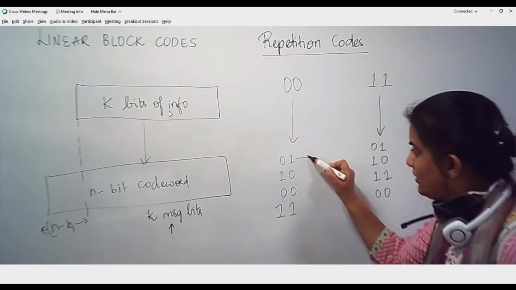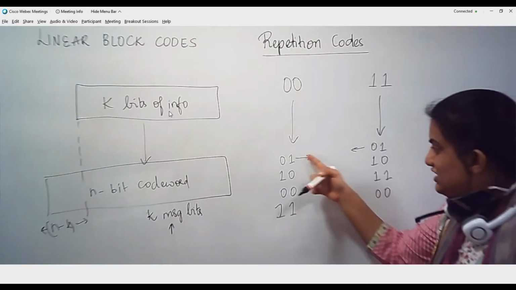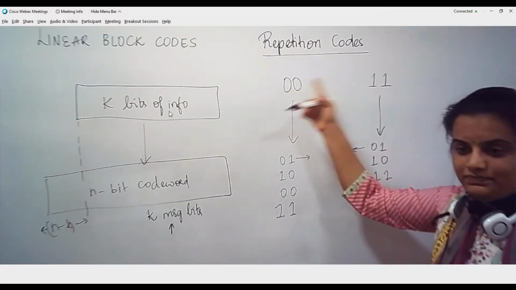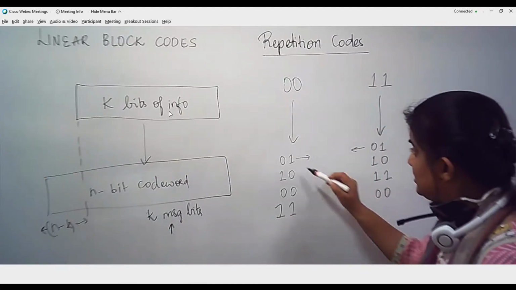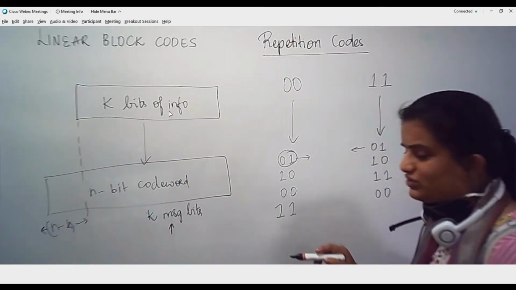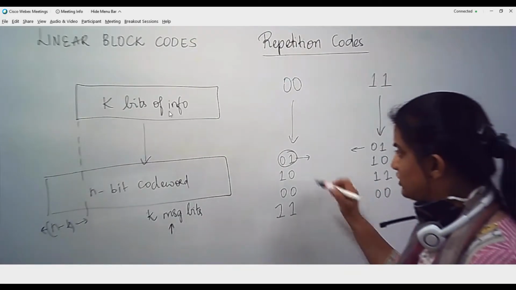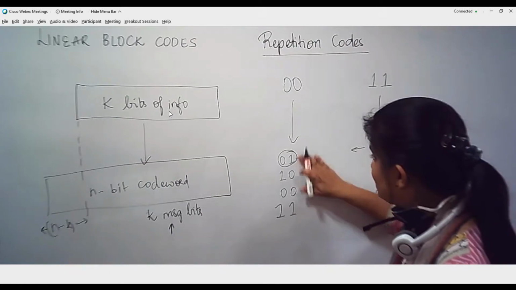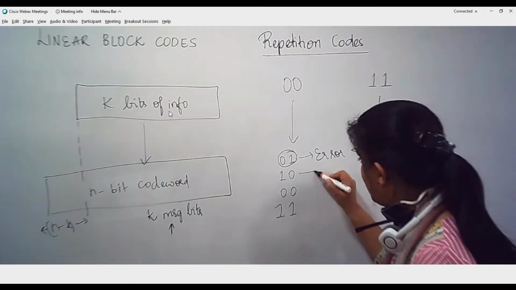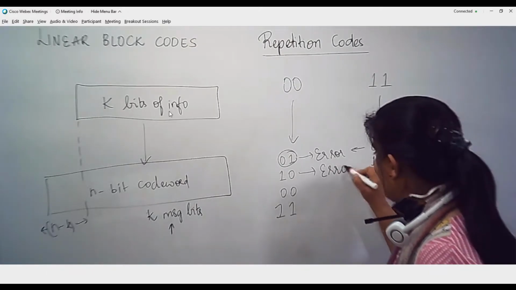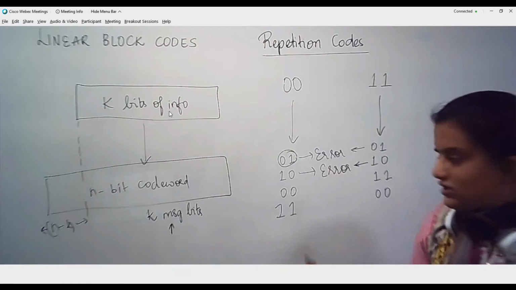Whenever I have one bit in error, we have a pattern, but these codes do not exist in the initial form. That means I can say that whatever I have received is an error. I can detect that some error has occurred in this case and also in this case. I will get to know some error has occurred during the transmission.